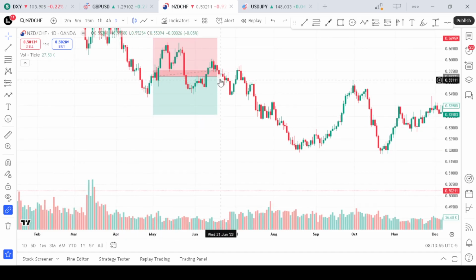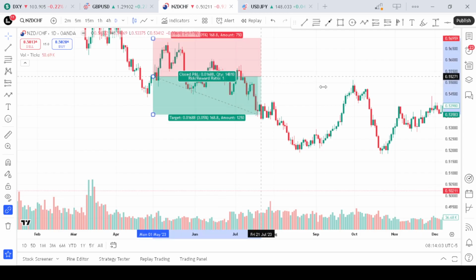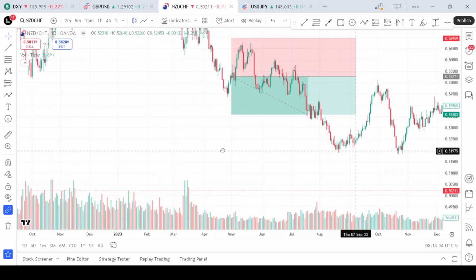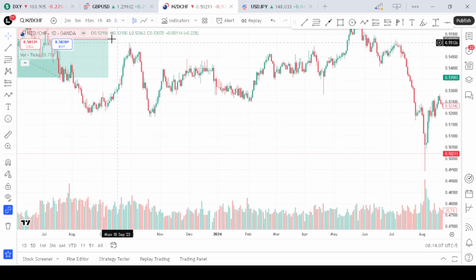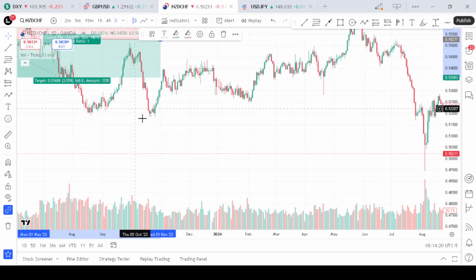We'll exit this position on the last trading day of October. So this is possibly a positional trade, exiting on the last trading day of October, which is the 31st of October.